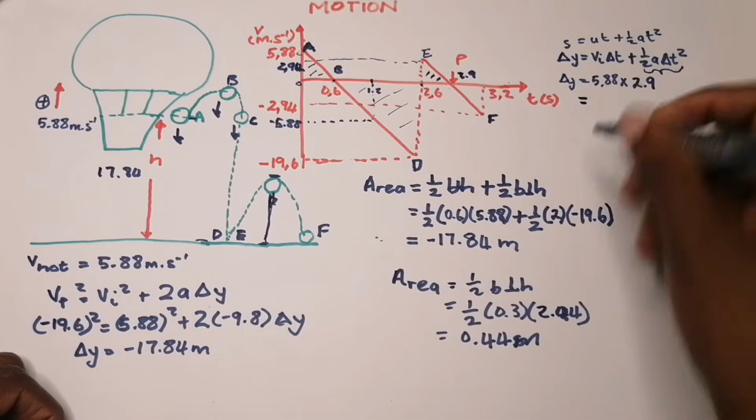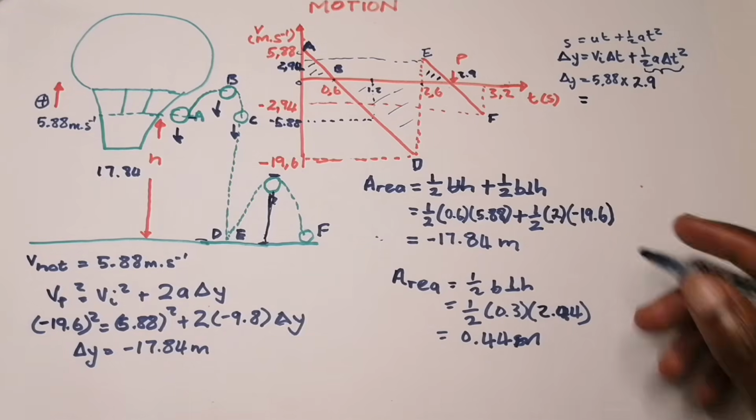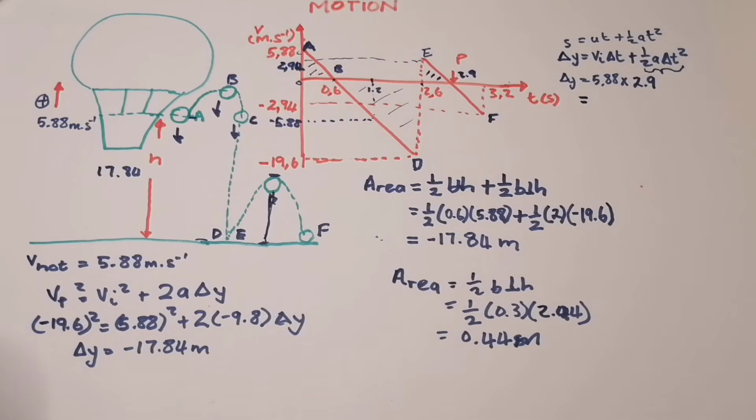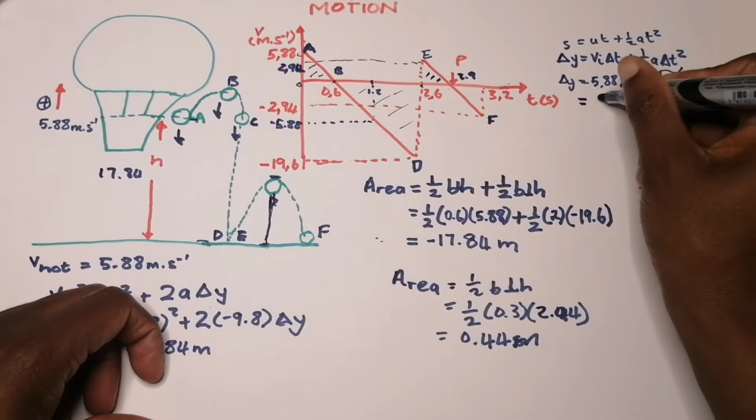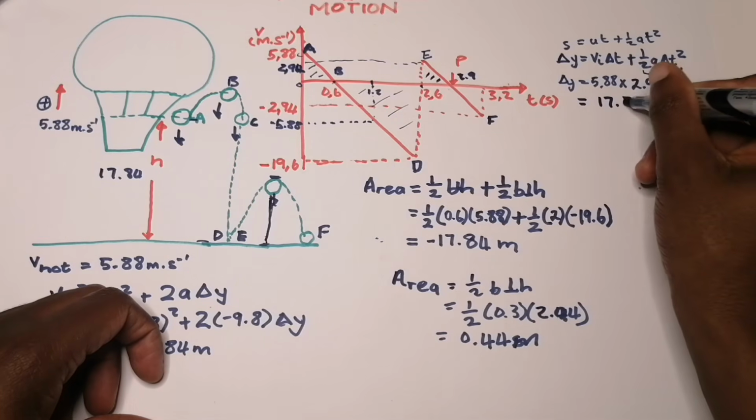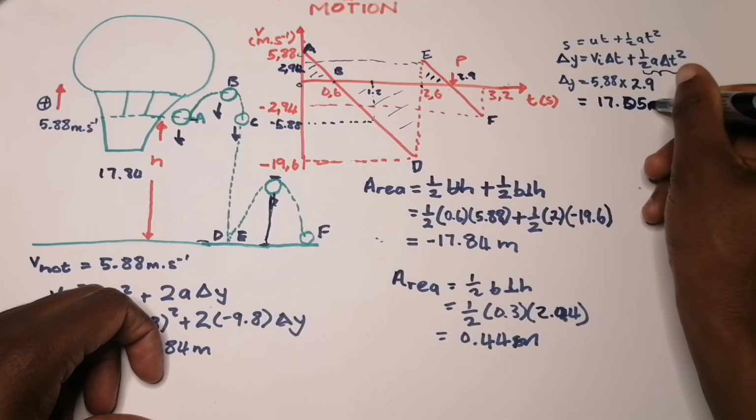So as a result, the hot air balloon kept on moving during that time. So I'm going to take 5.88 multiplied by 2.9. And that gives me 17.05. So it means that the balloon moved a further 0.05 meters.